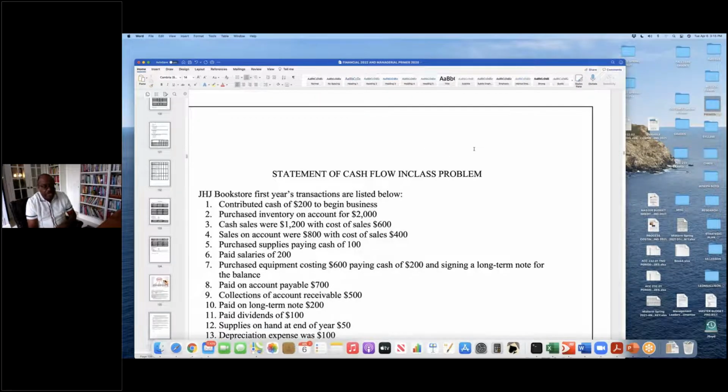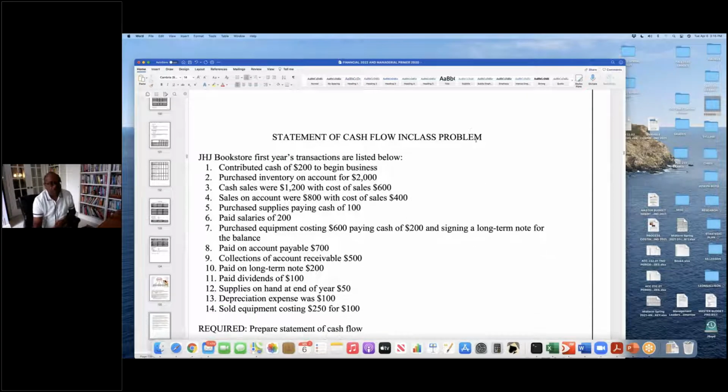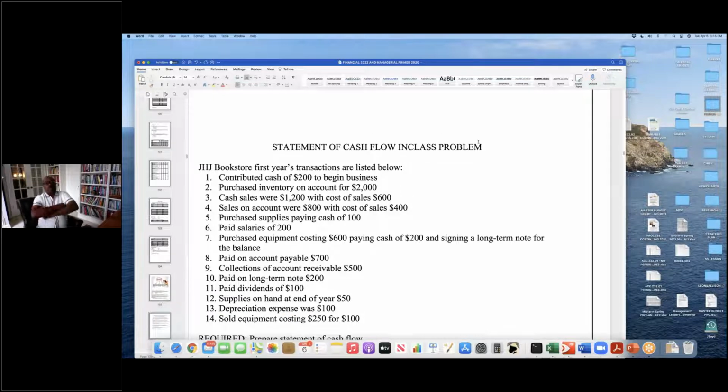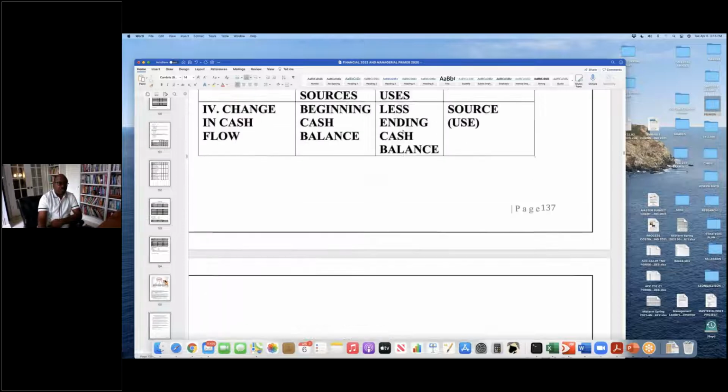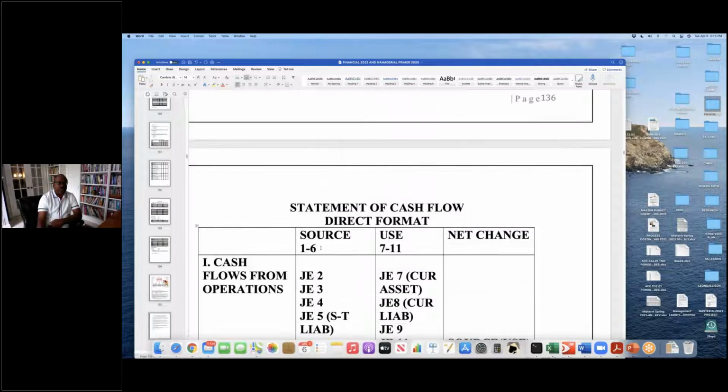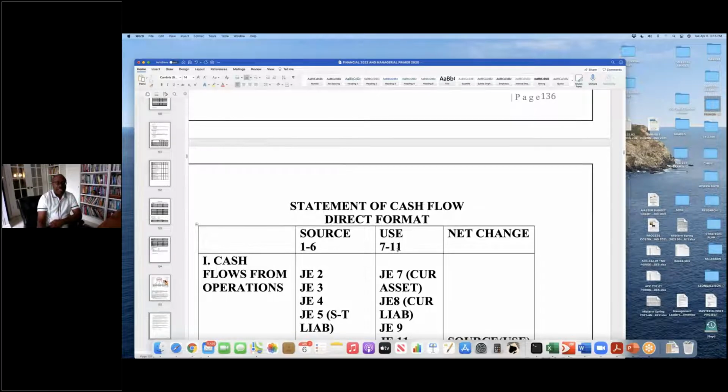Once we find out the cash transactions, then we put them in the appropriate place on here. So look at these transactions. Take about 5 minutes and look at them. Then we want to strike through those that are not cash transactions. We want to strike through transactions that are not 1 through 6 or 7 through 11. Okay, can we do that?